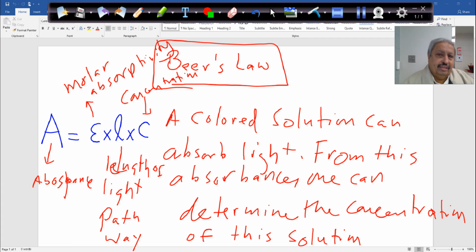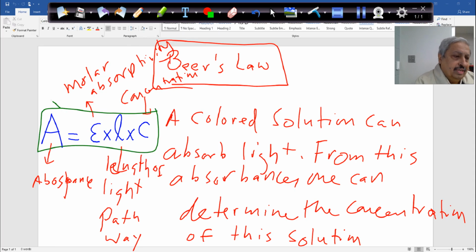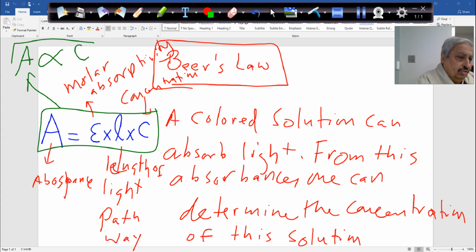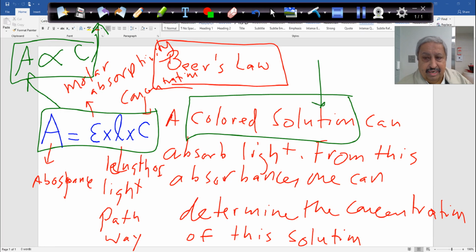So really what we are interested in is that this law is telling us that the absorbance of a color solution is directly proportional to its concentration. The higher the concentration of the color solution, the higher the absorbance. It does not work for a non-color solution. So if I want to measure the concentration of H2O, I cannot by Beer's law.